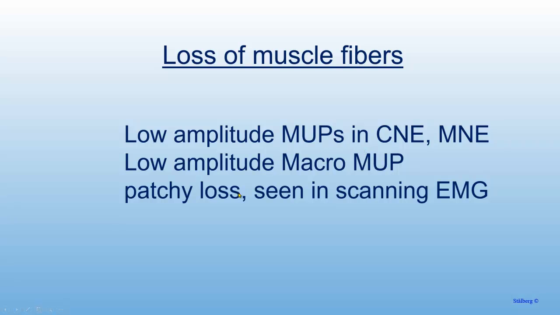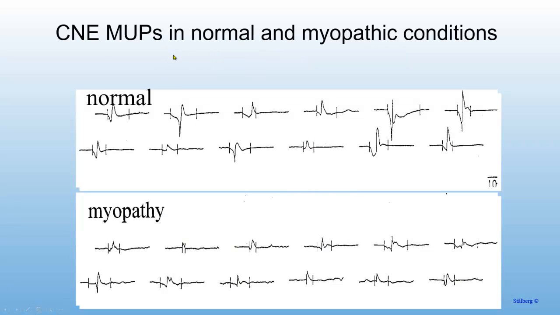And we have loss of muscle fibers, which is not evenly distributed across the motor unit, but it can be focal loss of fibers, patchy loss of fibers, as we see in a special EMG technique. Here are some examples. This is concentric motor unit potentials, a few of them in a normal muscle, and the smallness of the motor unit potential and the complexity in some of them in certain areas.